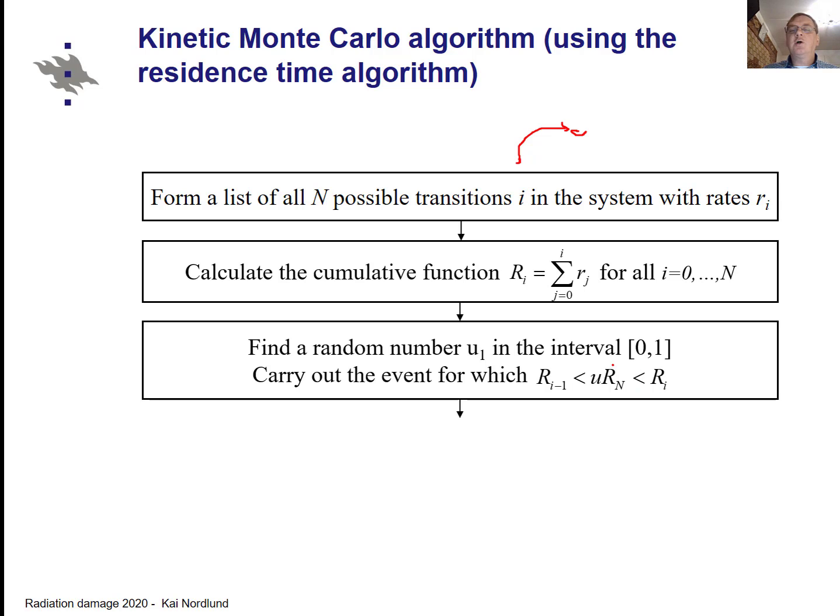Then this is the crucial part of the residence time algorithm. You get a random number using standard random number generation techniques. Then you carry out the event which lies between R_{i-1} and R_i in this cumulative function. So a cumulative function is, of course, a monotonously rising function. So this means that you generate a random number which then picks one event, which is where you have in this sum here.